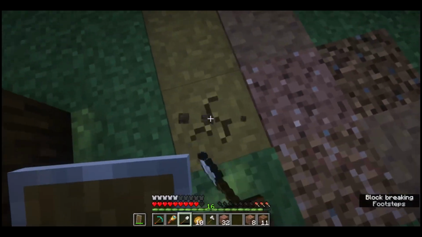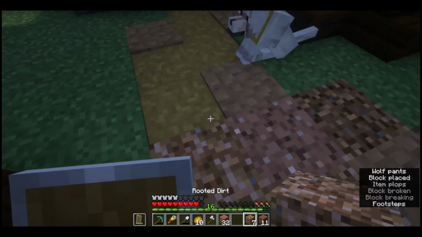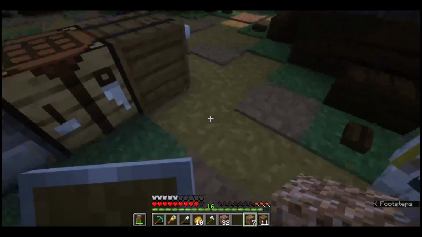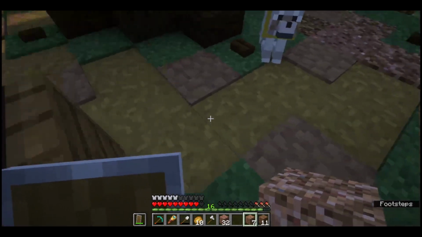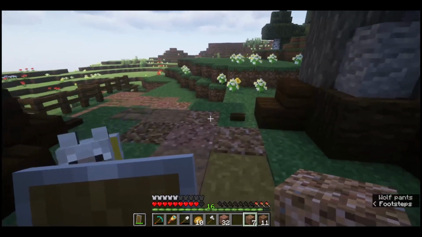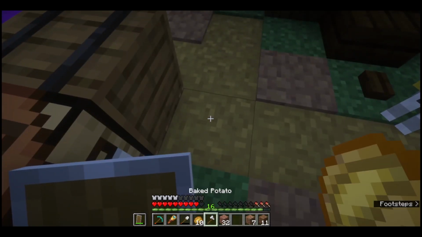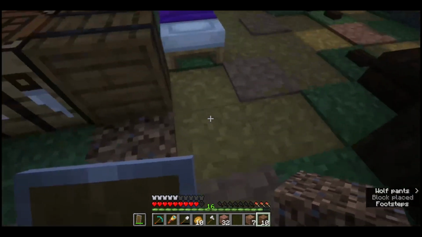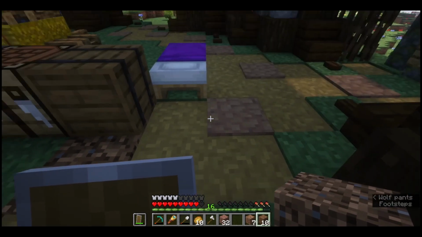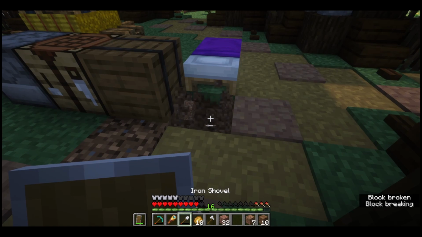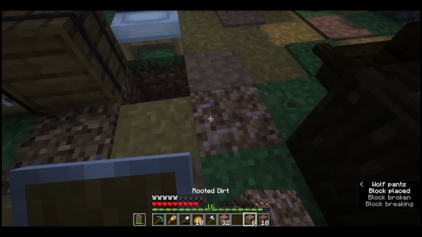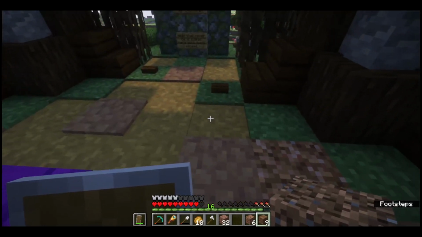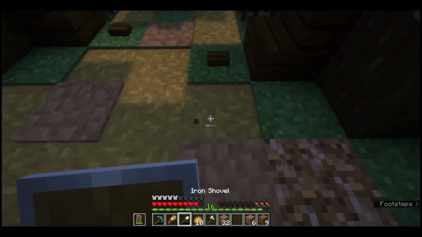So this can be rooted dirt, and then this, it could be rooted dirt, or I think we're gonna make it coarse dirt because we don't have a lot of that yet. But now this can't be coarse dirt, but that can. So we're going to put coarse dirt here and rooted dirt here. Okay, and now that can't be coarse dirt, but it can be rooted dirt, so we're going to put that there.